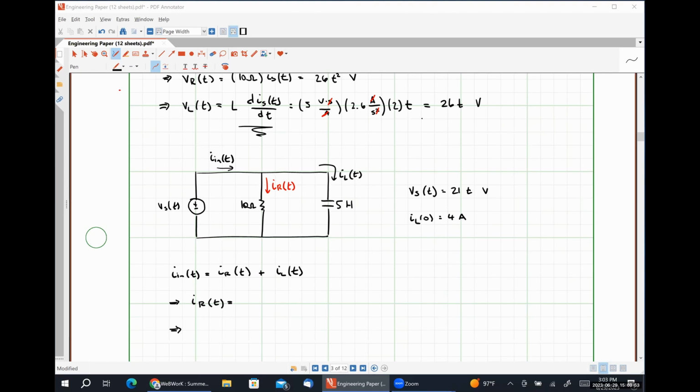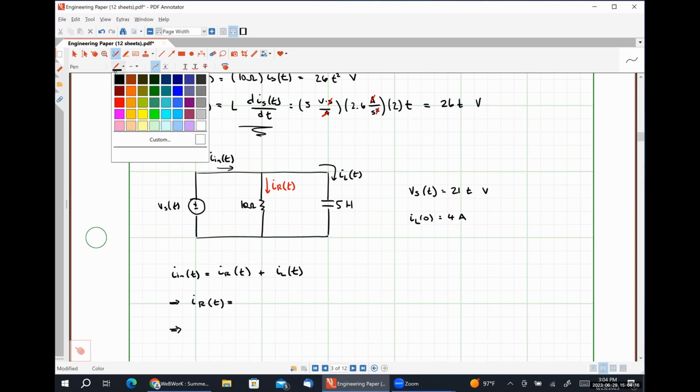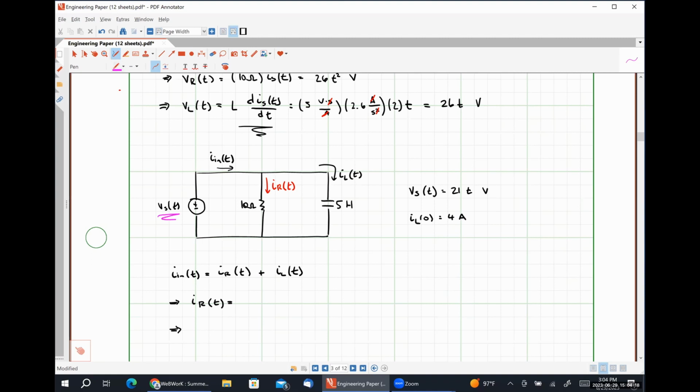Okay, so all of these elements are in parallel, right? Yes. Okay. So what's the voltage drop across the 10 ohm resistor? Well, if they're all in parallel and there's a voltage source right here, then I would argue that the voltage drop across the 10 ohm resistor is just the voltage being supplied by the source.